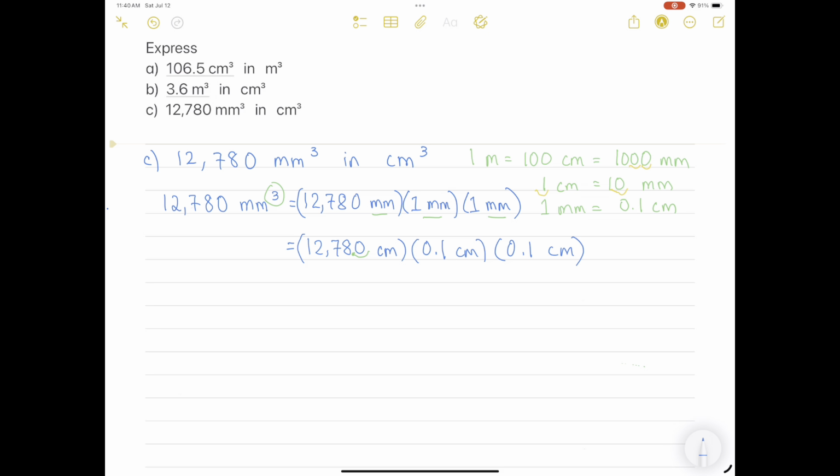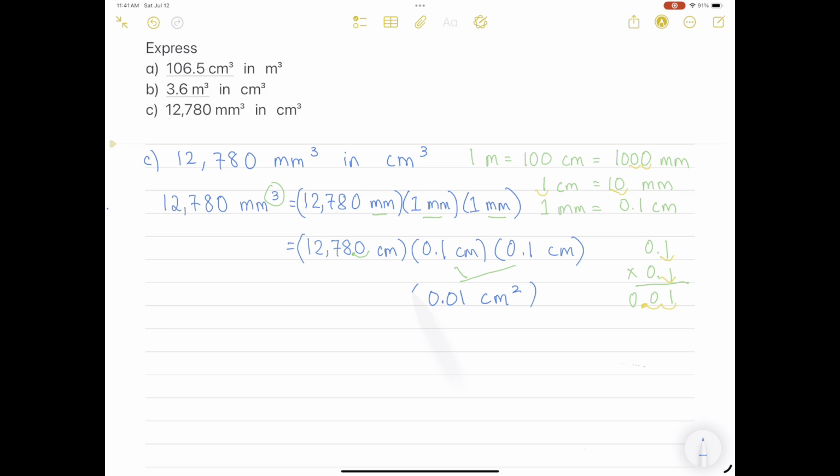So now we've substituted the equivalent centimeters for millimeters to do the conversion. I'm multiplying 0.1 times 0.1 to get 0.01 centimeters squared. And I write that on the line below, 0.01 centimeters squared, because I also must multiply the units.